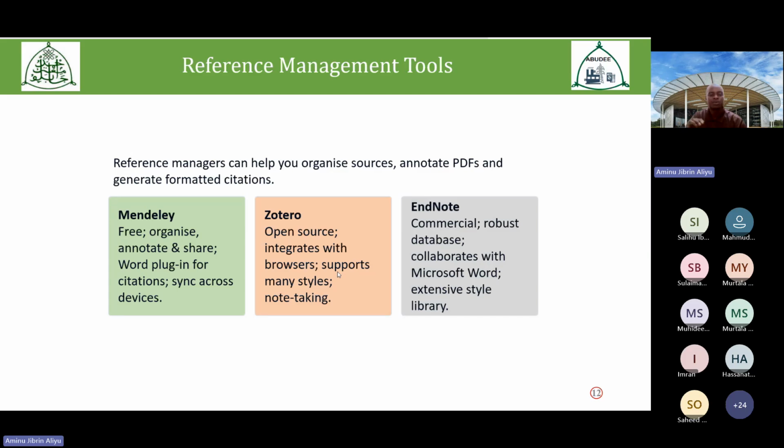It's free also, and it can integrate into our web browsers. EndNote, however, is a paid, commercial version, but it also has a robust database. It makes collaboration very easy. So if someone has a subscribed version of EndNote, you might want to explore and see how to efficiently utilize EndNote.